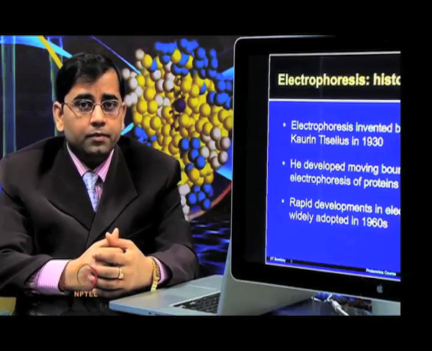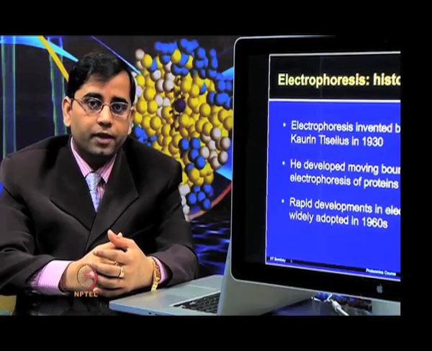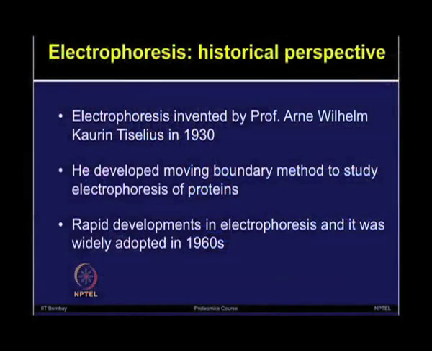Let me give you the historical perspective of electrophoresis. This process was invented by Professor Tiselius in 1930. He developed the moving boundary method to study the electrophoresis of proteins.